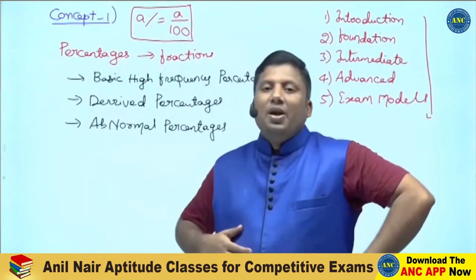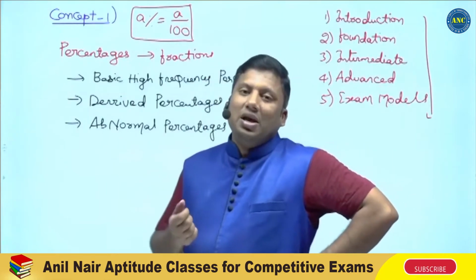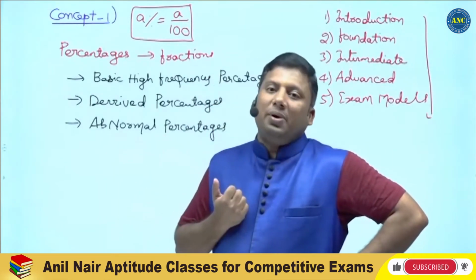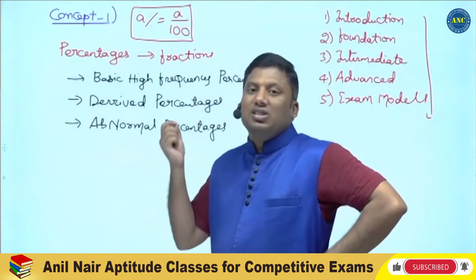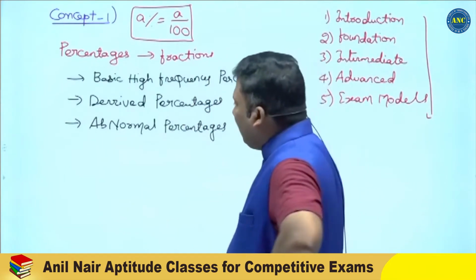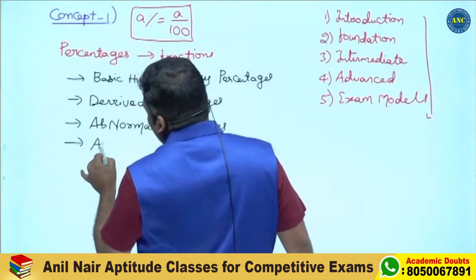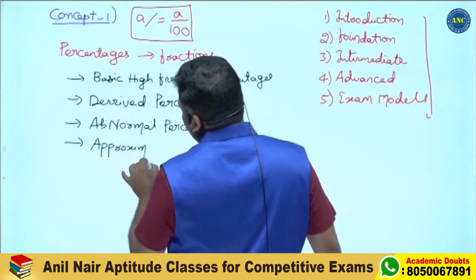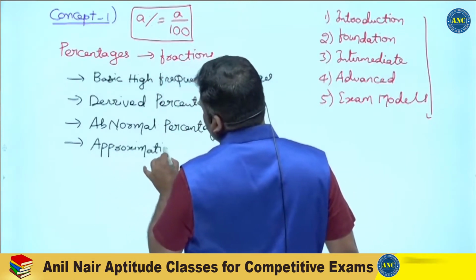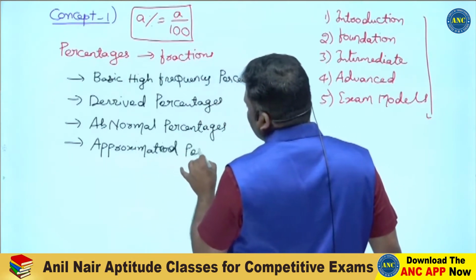If it is 42.8571 percent, you can directly write it. If it is 9.09 percent, we can directly write it. If abnormal percentages are given, how to solve them? Then approximation of fractions, approximated percentages.